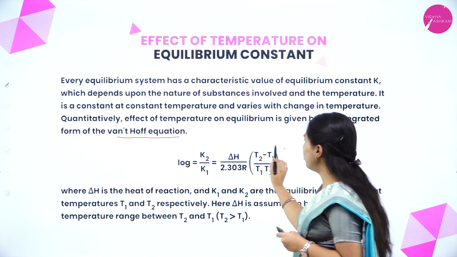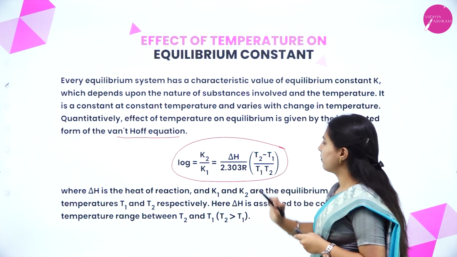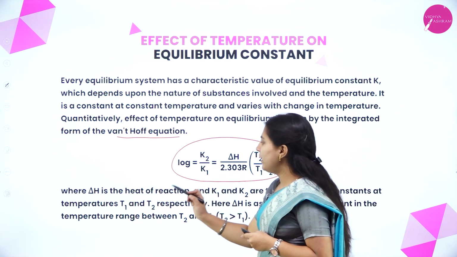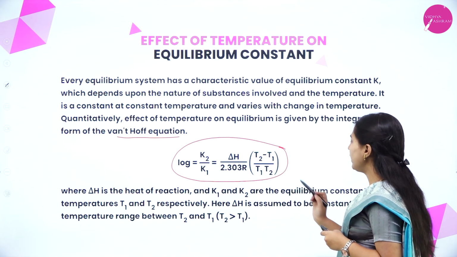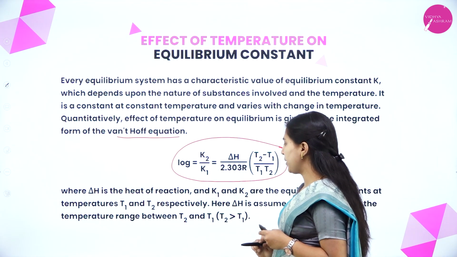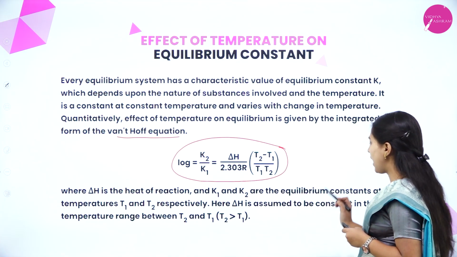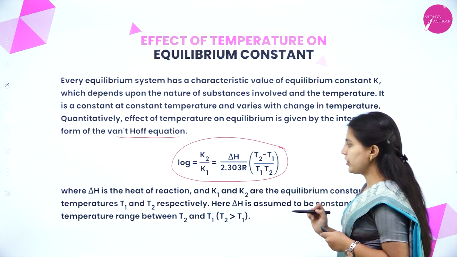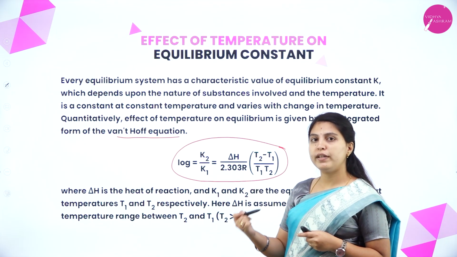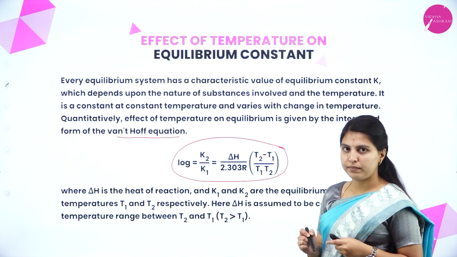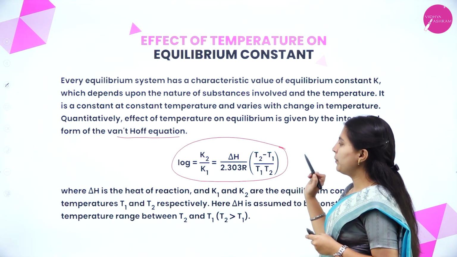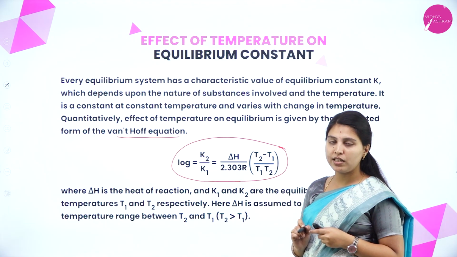This is with respect to temperature using the Van 't Hoff equation, where delta H is the heat of reaction, and K1 and K2 are the equilibrium constants at temperatures T1 and T2 respectively. Here, delta H is assumed to be constant in the temperature range between T1 and T2, where T2 is always greater than T1. This equation is very much important.